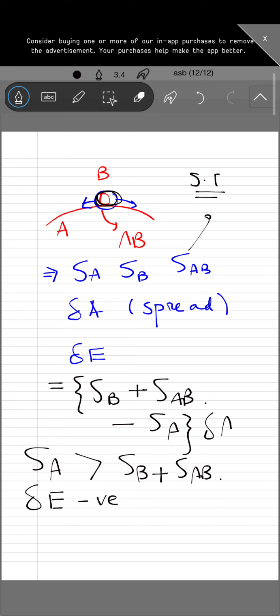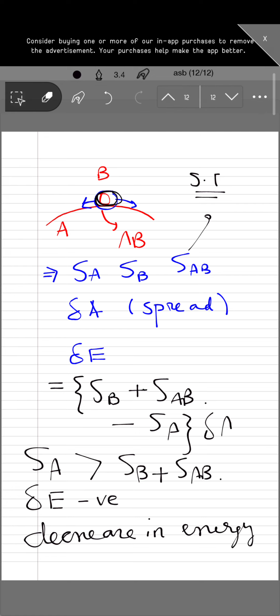So the spreading will cause a decrease in energy. The change in energy will be on the lower side.